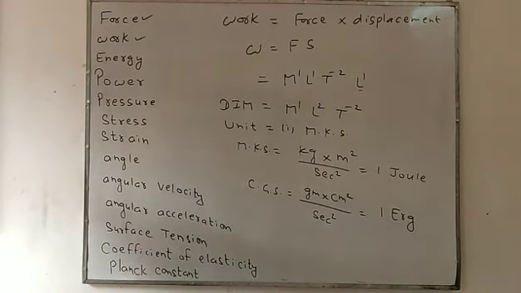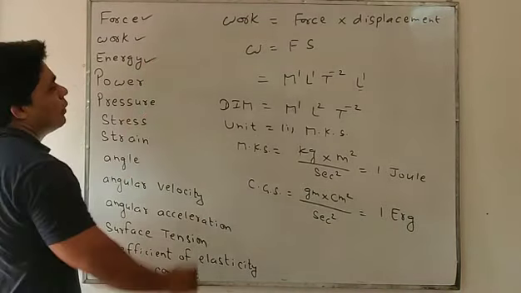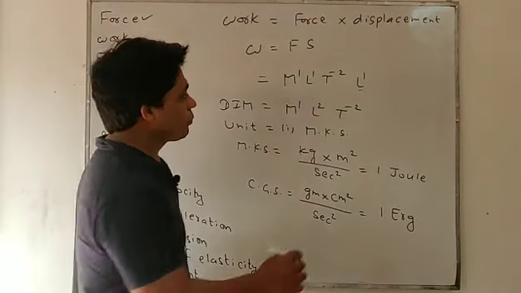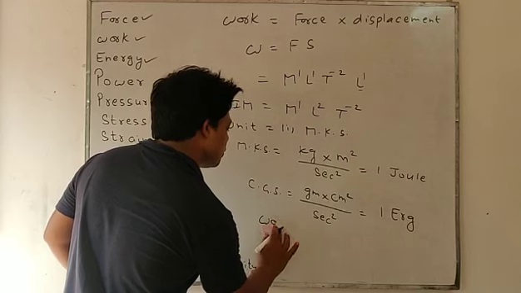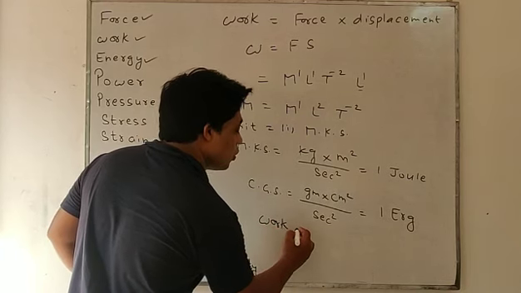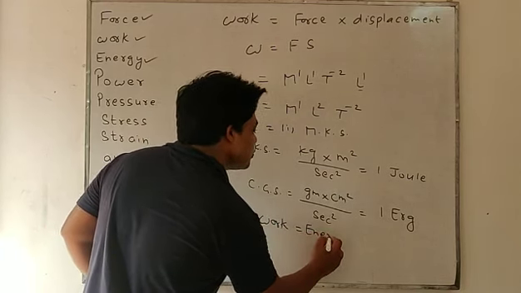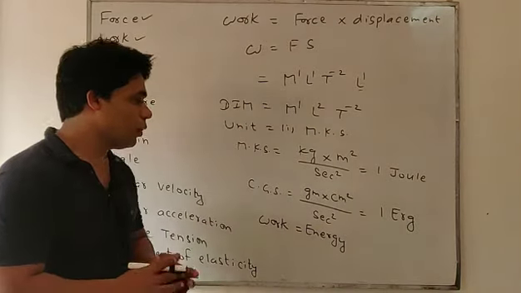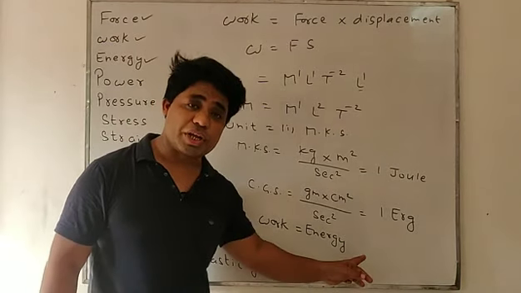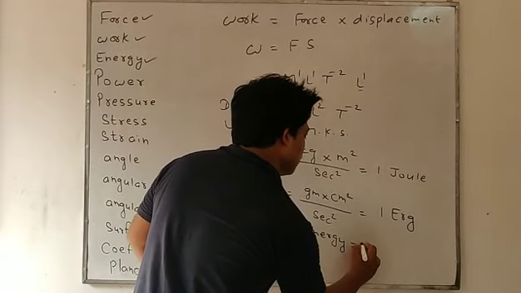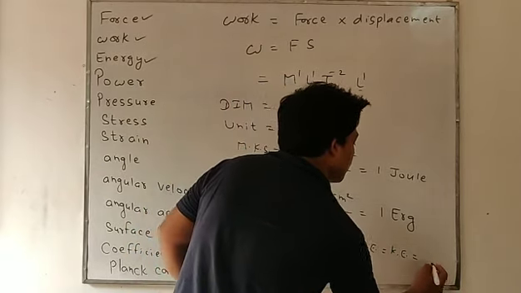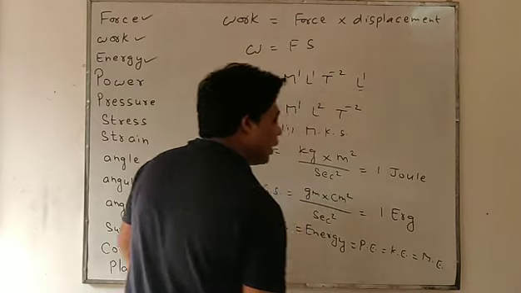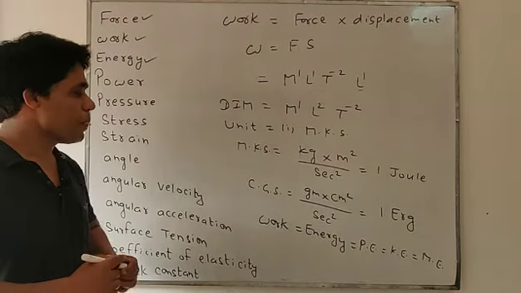Now students, for finding the third, look, the third is energy. I will tell you, all types of work are a form of energy. Work done is a form of energy. So work has a similar dimension to energy. All types of energy: potential energy, kinetic energy, mechanical energy, any type of energy, sound energy.